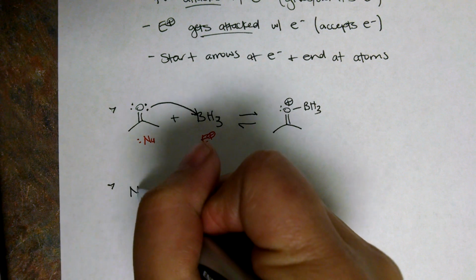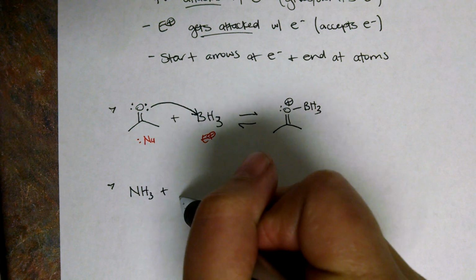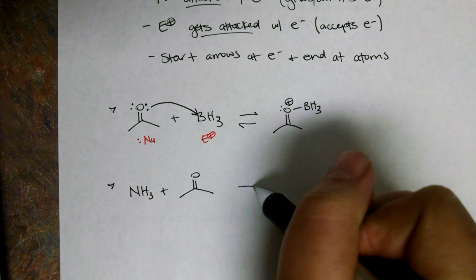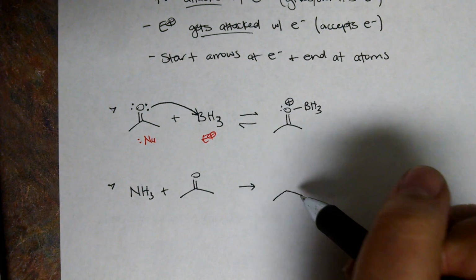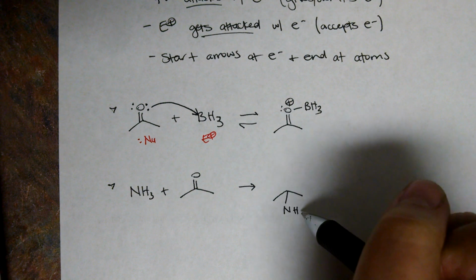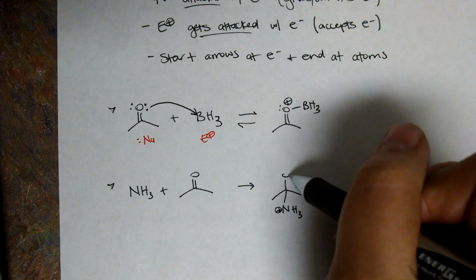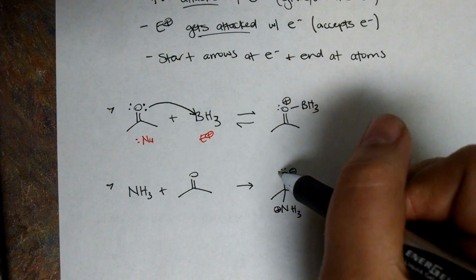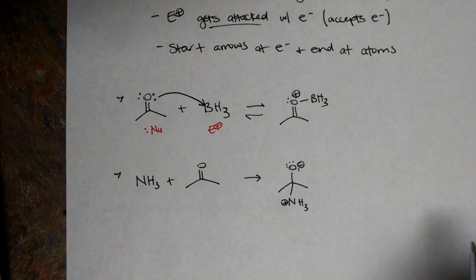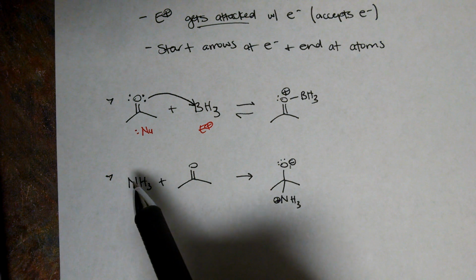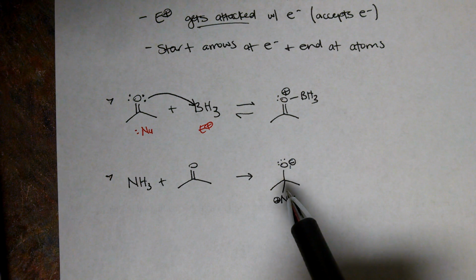Something more like what we'll see, something like this, where I gave you guys the products. I gave you something like this multiple times. Now we've got a plus charge there and O minus there. So let's think about this. There's no bond between the nitrogen and the carbon here, but now there is.